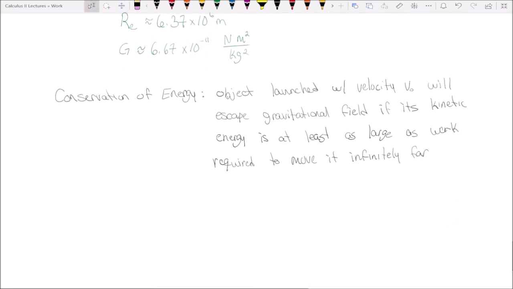In other words, kinetic energy has to be greater than or equal to the work to move it infinitely far. Let's call it W sub infinity.